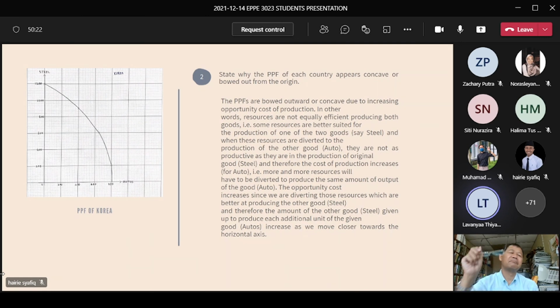For example, some resources are better suited for the production of one of the two goods, say steel, and when these resources are diverted to the production of the other good, auto, they are not as productive as they are in production of the original good, steel, and therefore the cost of production increases for auto.